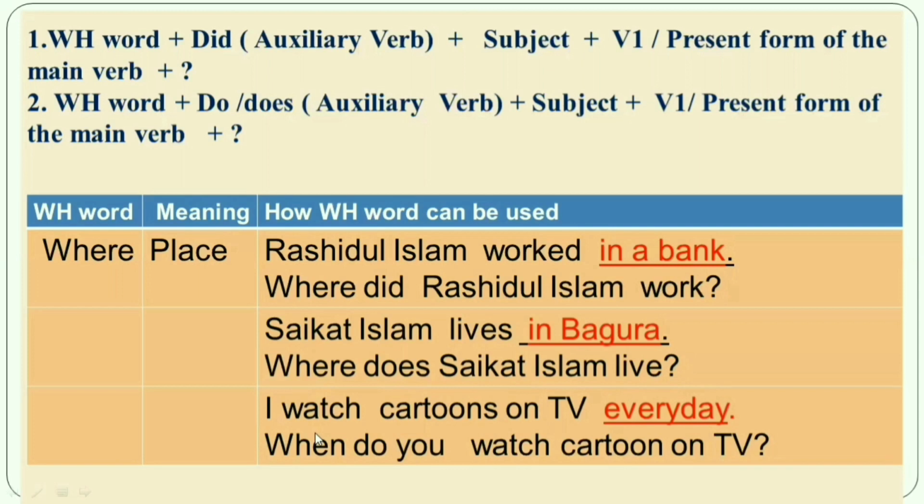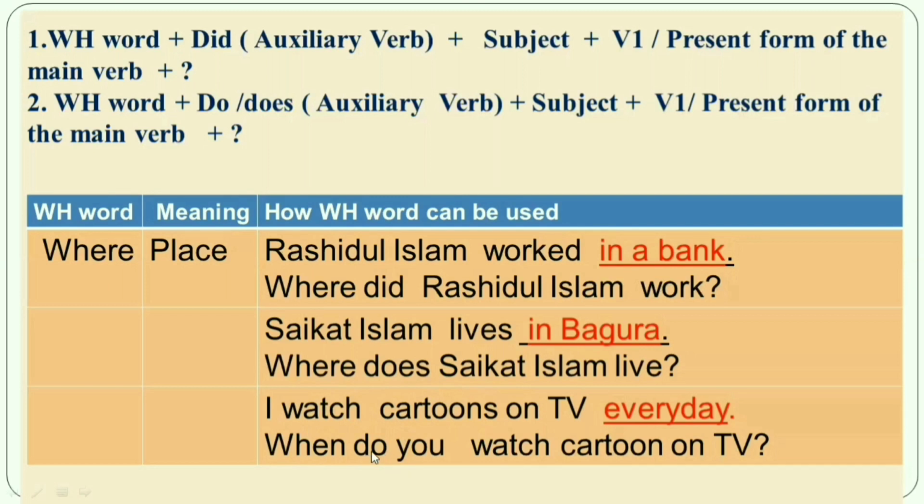Third one, I watch cartoons on TV every day. So, look at the underlined word. Yes, "every day". It indicates the time. So, the WH word will be "when". So, right here "when". Then find out, is there any auxiliary verb? No auxiliary verb. So you have to take do, does, did, okay? But if the verb is present indefinite tense and there is no "s", so you have to take "do" as an auxiliary verb, okay?